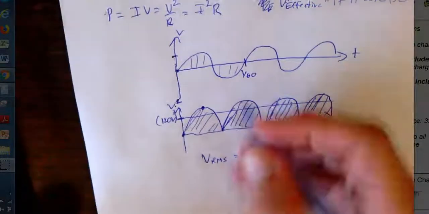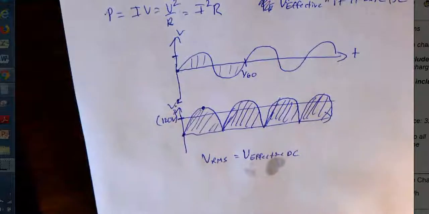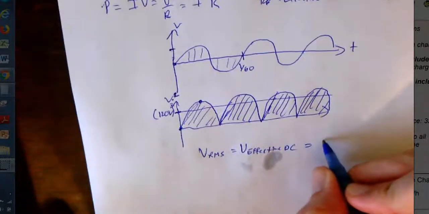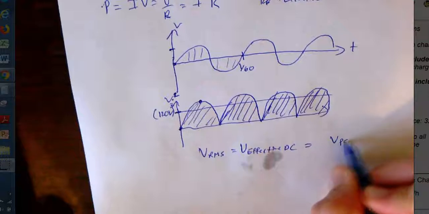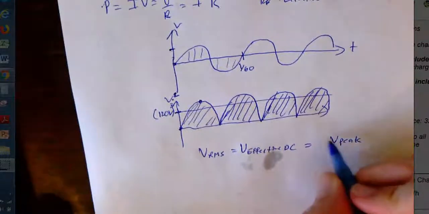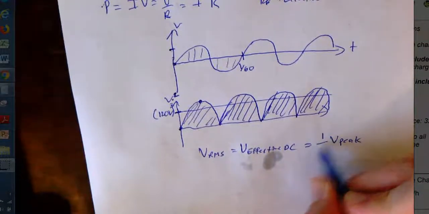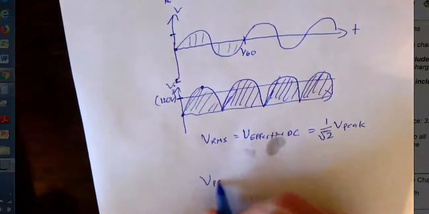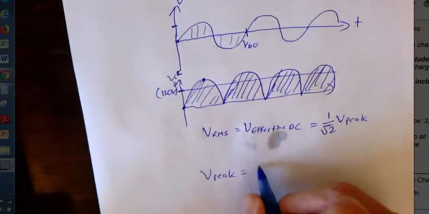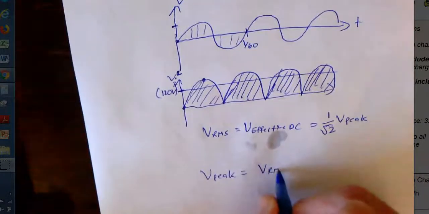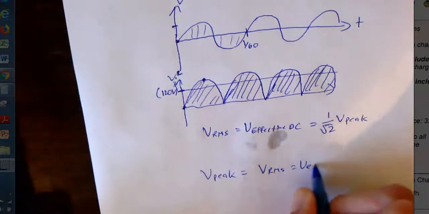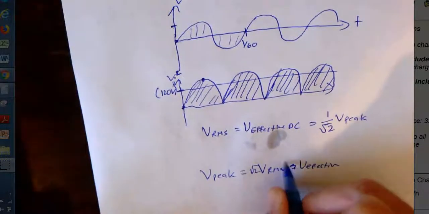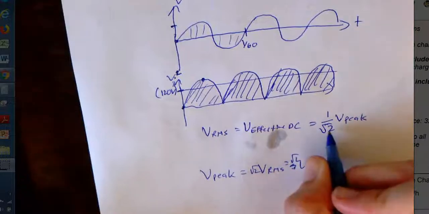Okay, so the effective voltage is 120 volts, and the effective voltage takes the peak voltage and divides by root 2. Just trust me on that when you do the calculus. So V peak is V RMS, or V effective, times root 2. We multiply both sides by root 2.